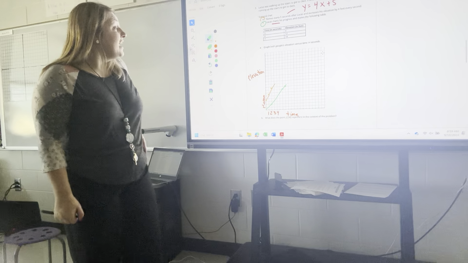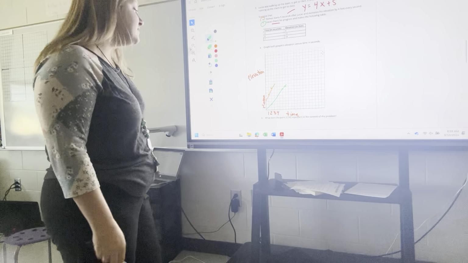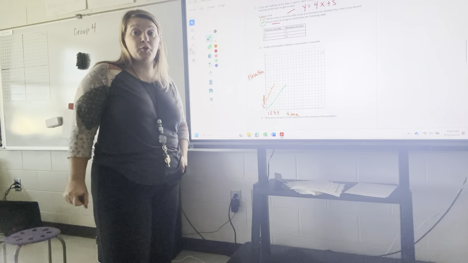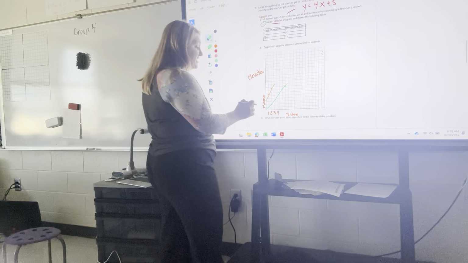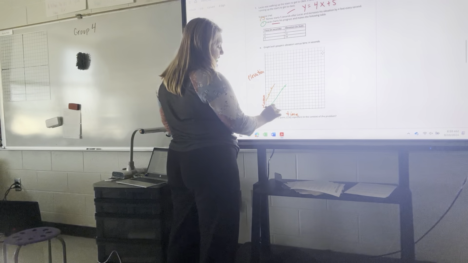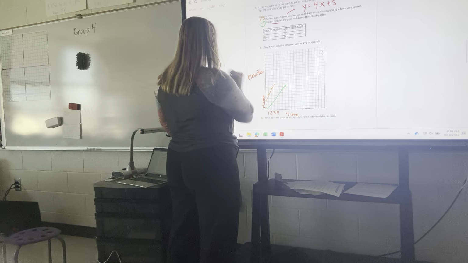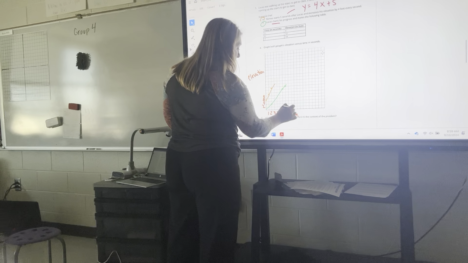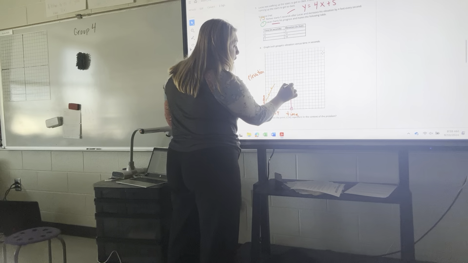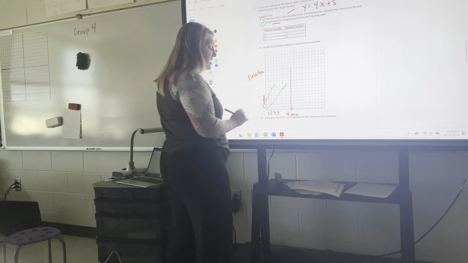Okay? Now it says, what does the point f of 10 represent in the context of the problem? So if we find 10 on here, 1, 2, 3, 4, 5, 6, 7, 8, 9, 10. Now I'm going to do it with pink. It is where both of these boys are.